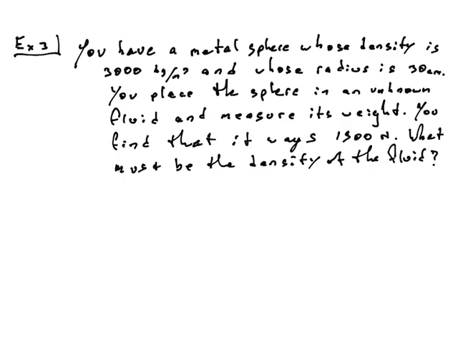So again, apparent weight is true weight minus buoyant force. This time, though, you know the apparent weight is 1,500, and you want to find the density of the fluid using this relationship.